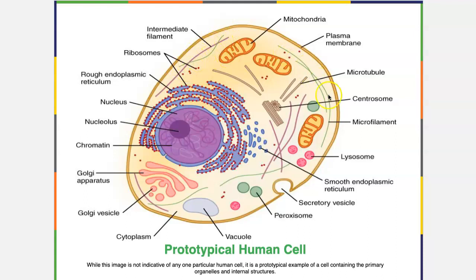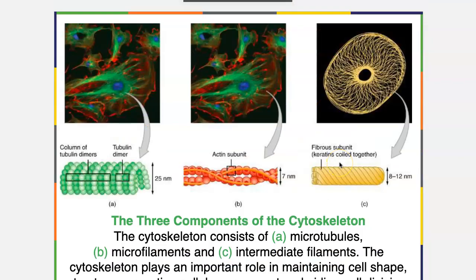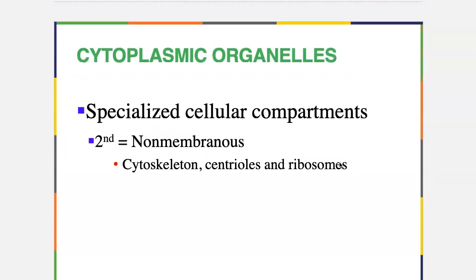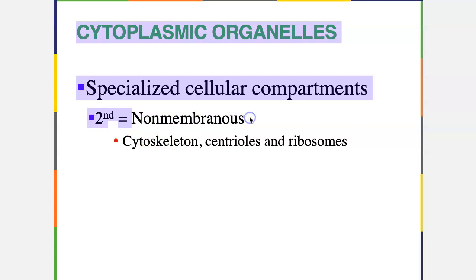And these thinner boys are microfilaments. The cytoskeletal components, including the centrioles, are among the non-membranous organelles. There's no membrane present, as there is in mitochondria, the Golgi body, or the cell membrane itself.